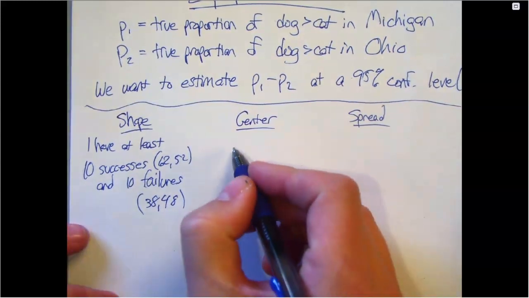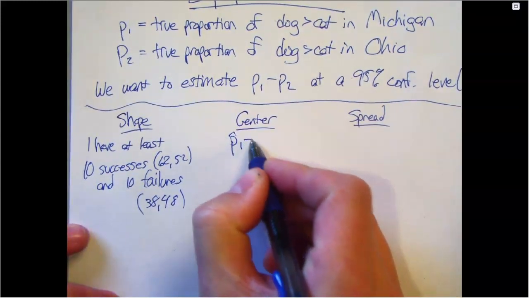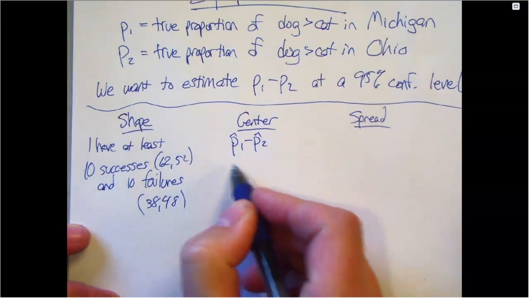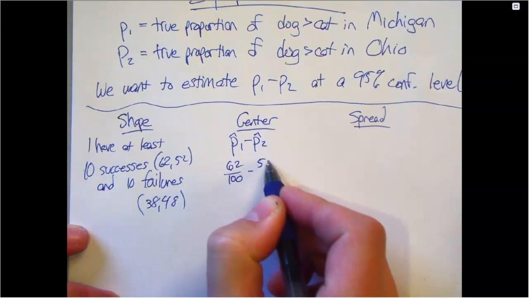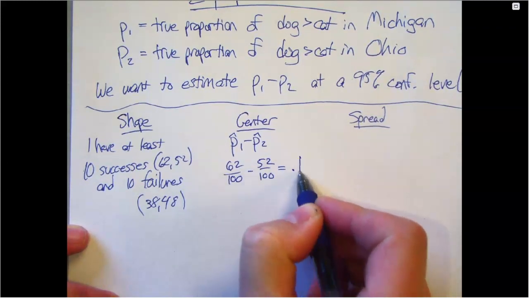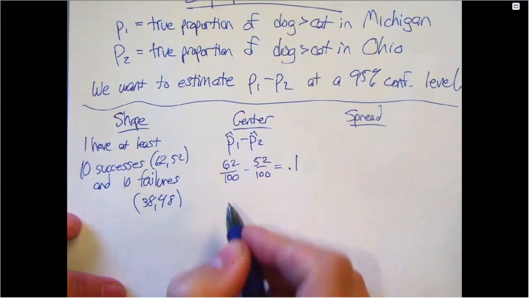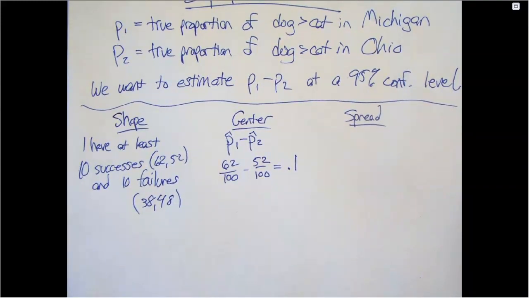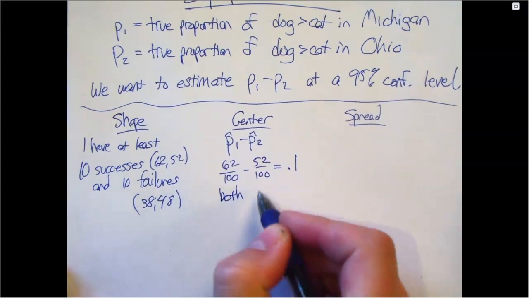Davis. So your center is P hat 1 minus P hat 2, which is 62 over 100 minus 52 over 100, which is 0.1. But how do I know that I'm allowed to use that for the center? Both samples are random.